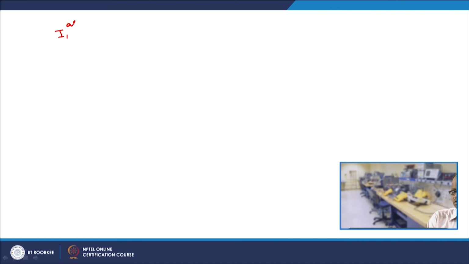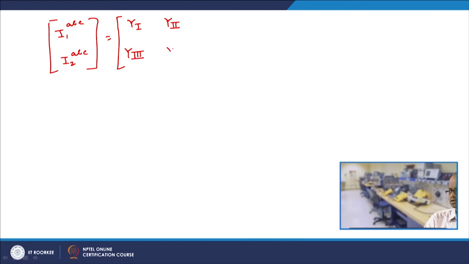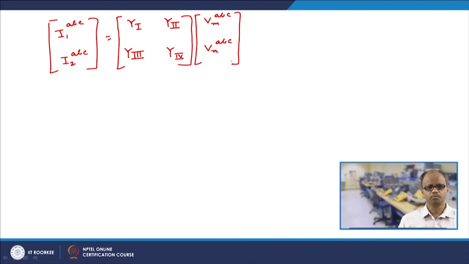So then this entire relationship can be written very succinctly as [I1 ABC, I2 ABC] is equal to [Y1, Y2; Y3, Y4] times [Vm ABC, Vn ABC]. So this is the transformer model.